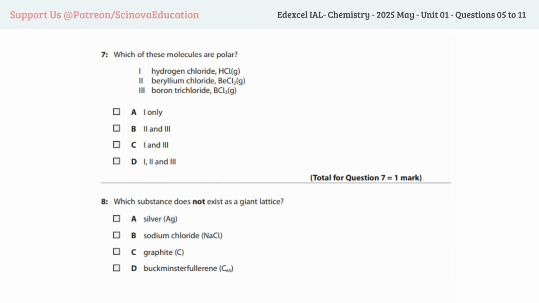Question 7. Which of these molecules are polar? Hydrogen chloride, beryllium chloride, boron trichloride. We can see there is an electronegativity difference between the atoms in all three cases, but we have to draw the shape of the molecules to see what is actually happening, because in molecular structures the dipole moments can cancel off depending on their arrangement.